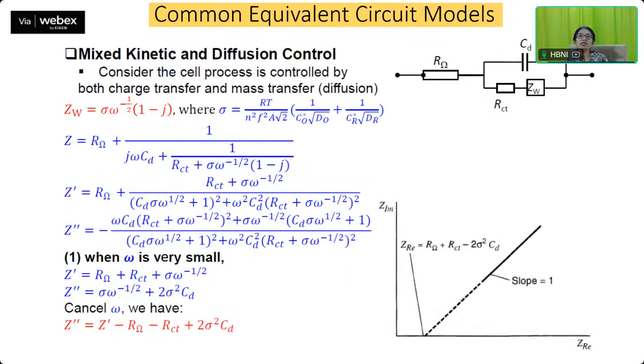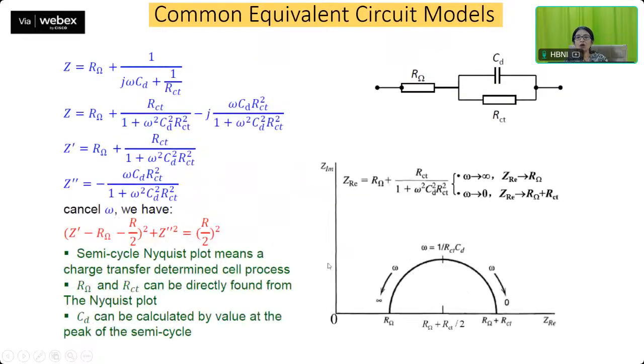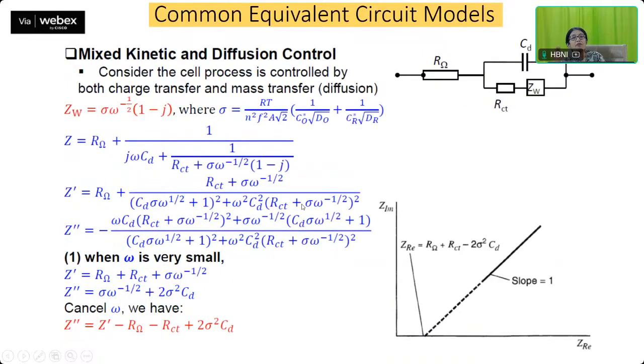Sometimes you can have mixed kinetic and diffusion control. So consider the cell process is controlled by both charge transfer as well as mass transfer. With charge transfer, we have already seen how it is going to look because this is just simple charge transfer. Now what is going to happen if you also have mass transfer or diffusion happening? In that case, you have two cases.